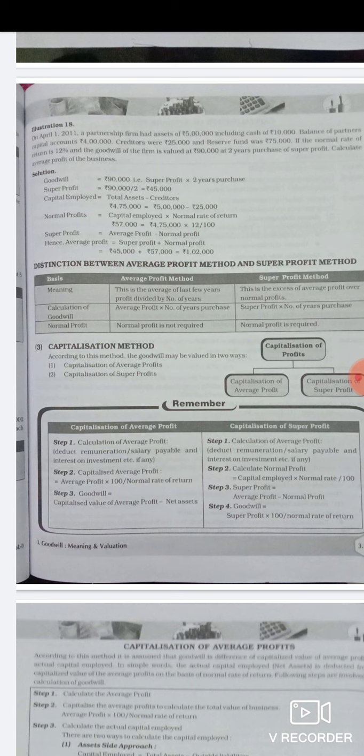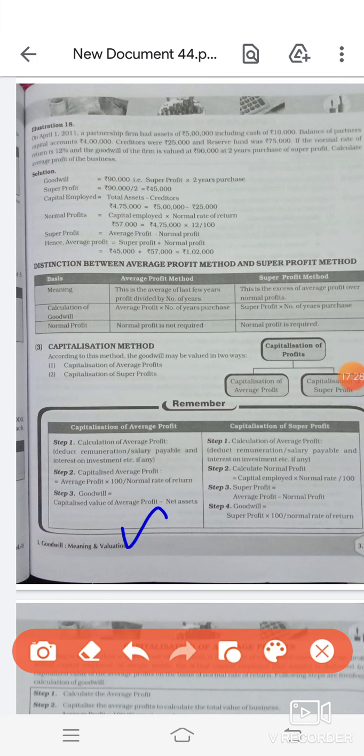And see the capitalization of super profit. The first one is capitalization of average profit, and the next one is capitalization of super profit. In this also, first we calculate the average profit, and next the normal profit, because in super profit, what is the formula? Average profit minus normal profit. The same method is followed in capitalization of super profit also. Normal profit, as already studied, is capital employed into normal rate of return divided by 100.